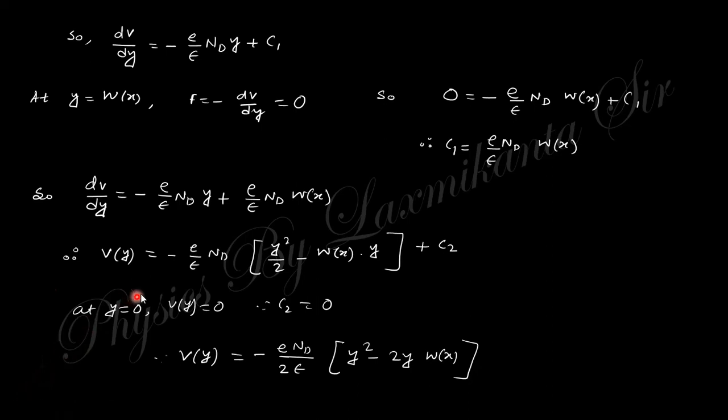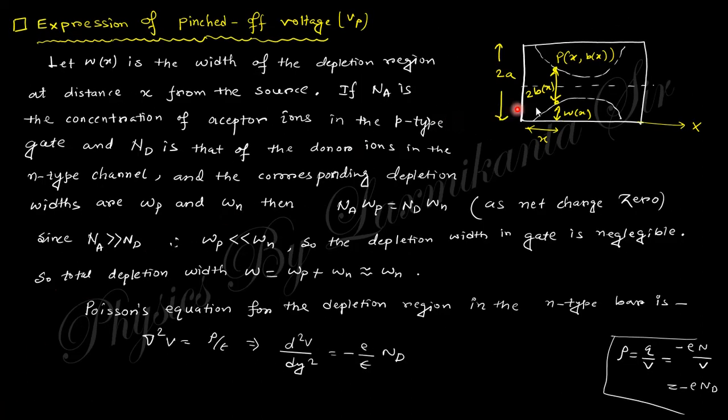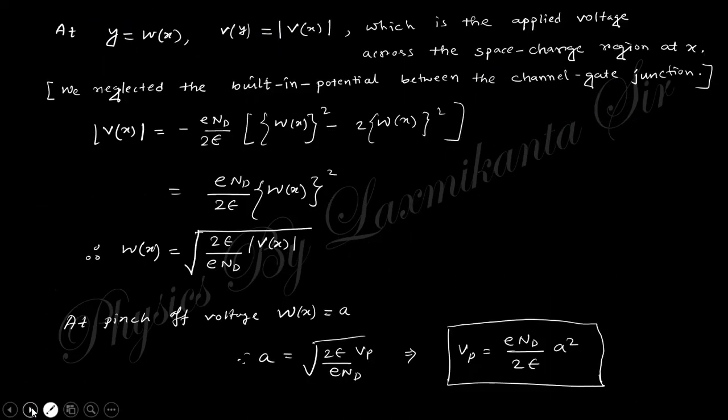After getting this relation, when y equals w of x, the width of the depletion region, these potentials are equal, V of x equals V of y, which is the applied voltage found here.